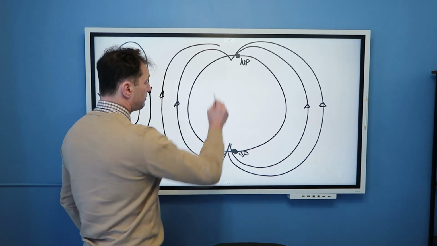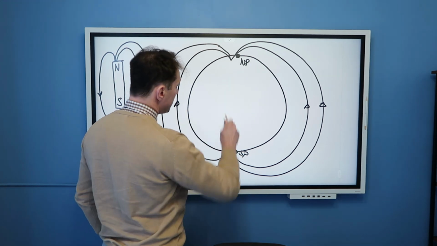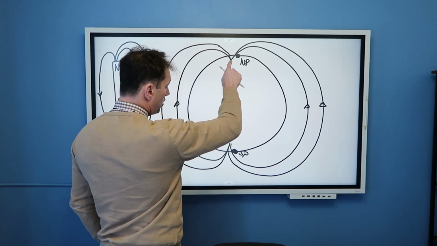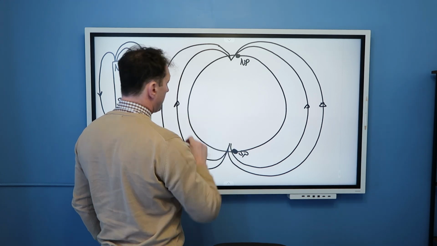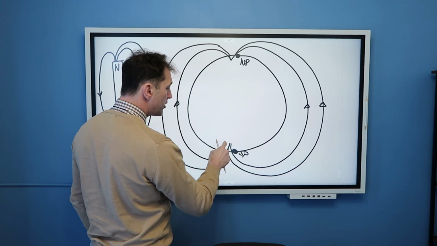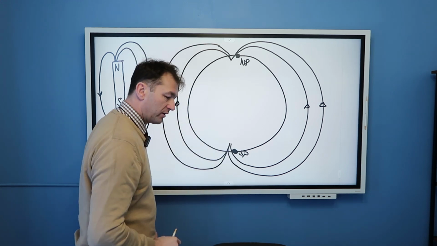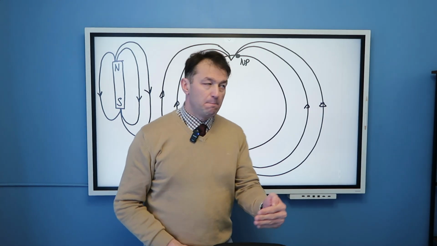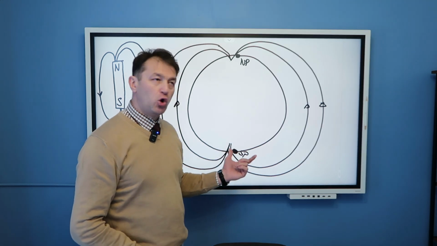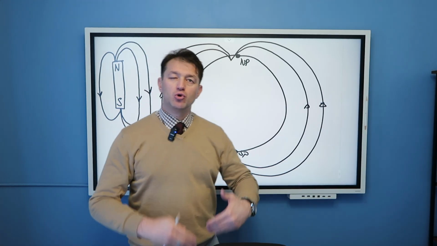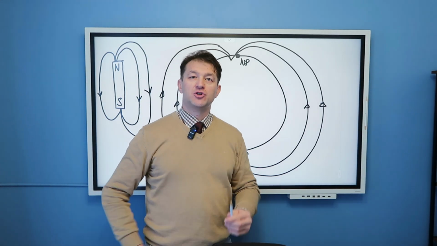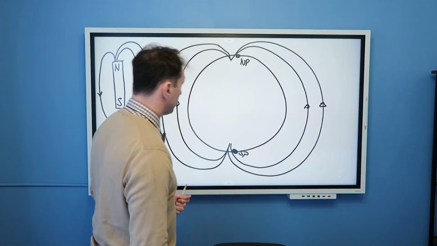And you can see that purposely I displaced the location of termination and emergence of magnetic field lines from true south and true north. I did it because magnetic poles on our planet do not coincide with geographic poles on our planet.